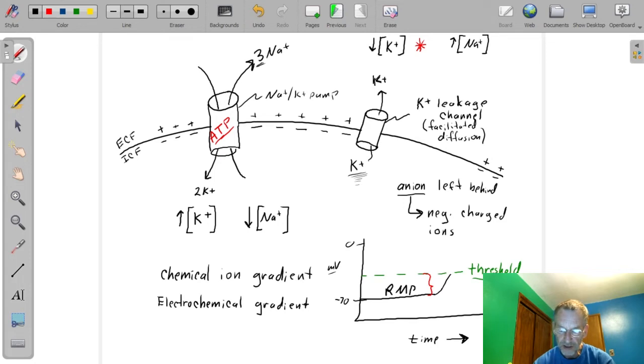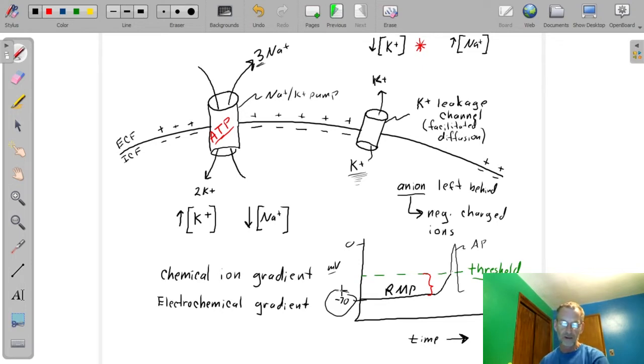Once it hits threshold, then we have an action potential that is formed. I'm not going to go into the action potentials, we've already done that. This lecture is about the membrane potential, it's minus 70, and about how potassium levels affect it. And it's going to be, again, the potassium level in the extracellular fluid.